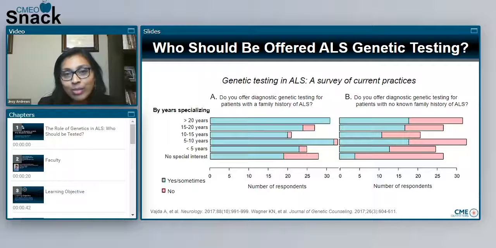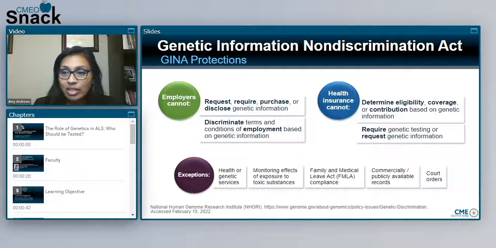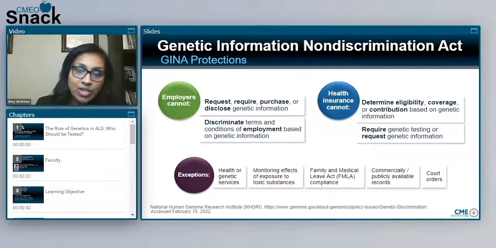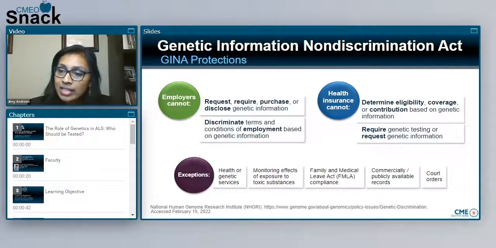And in the US, we do have some laws that are passed to protect people from discrimination based on their genetic information that may cause disease or increase their risk of developing an inherited disorder. And so that law is called the GINA law, and GINA stands for the Genetic Information Non-Discrimination Act. And it's essentially to protect an individual from discrimination in two areas.